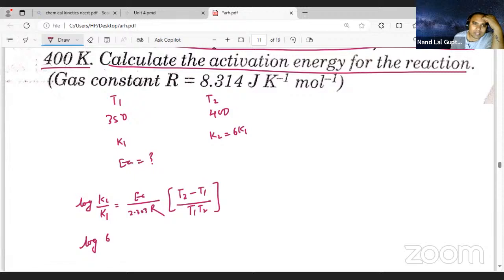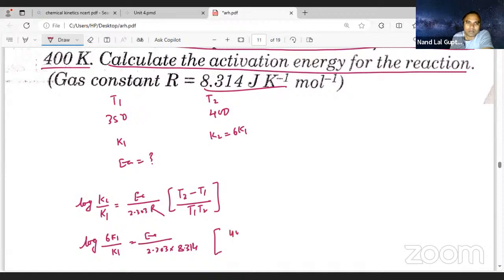It is 6K1 upon K1 itself. Activation energy they are asking. 2.303, R value they have given 8.314 joule Kelvin inverse mole inverse. T2, how much is there, student? 400. T1 is 350, divided by 400 multiplied by 350.